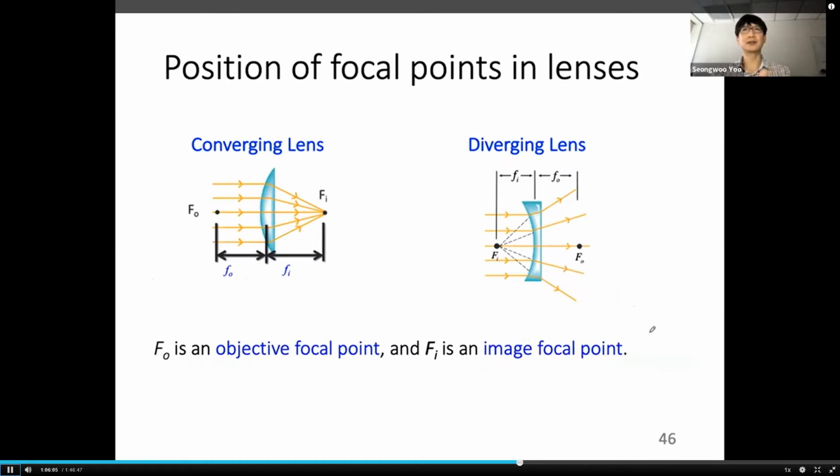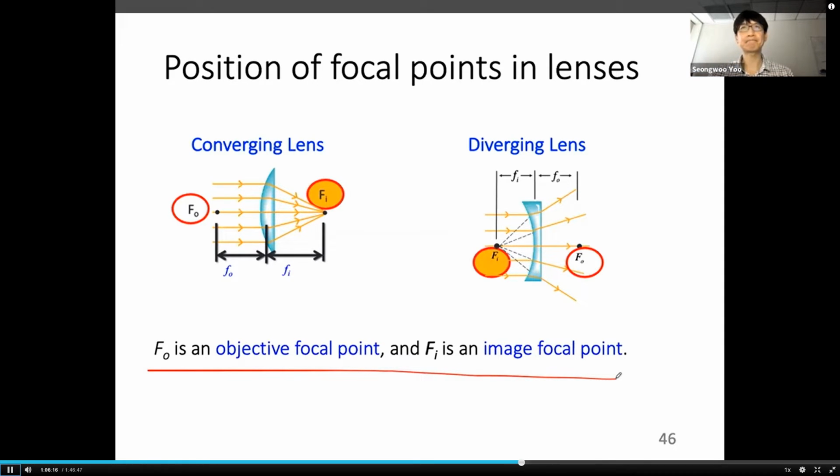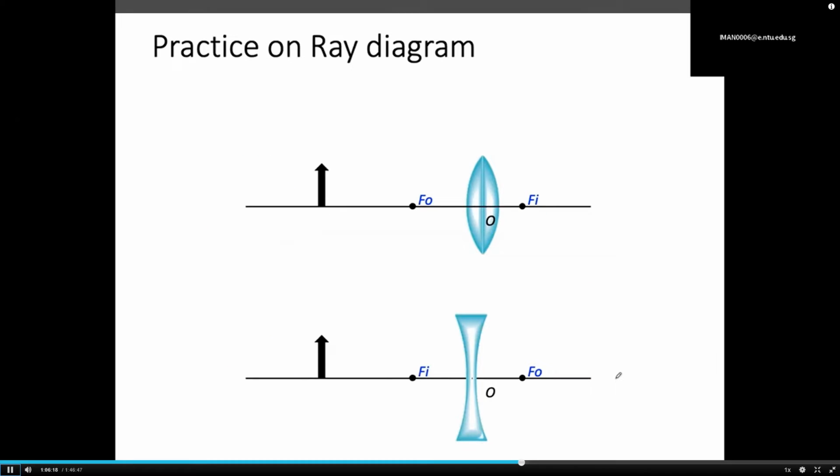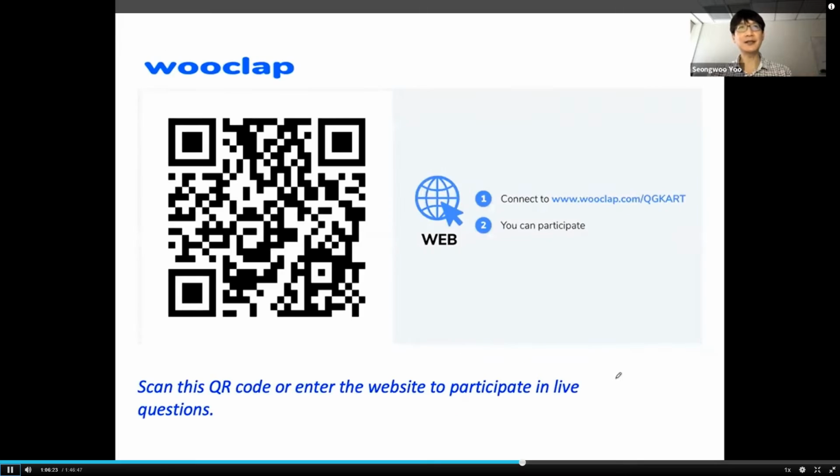This is where I emphasize the change of the focal point between the converging and the diverging lens. I just showed you how to construct the ray diagram for the converging and the diverging lens. So I'm going to move on to the next question. Let me now change the screen.